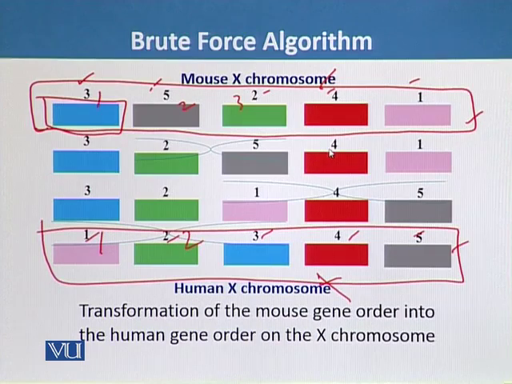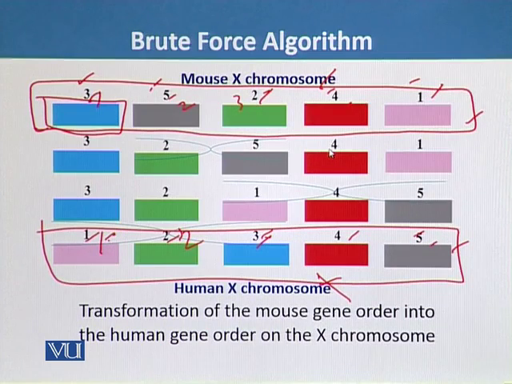Synteny number 1 in the human is also present in the mice. Synteny number 2 is also present in the mice at position number 3. The third synteny in the human is present at the first place. Fourth is the same, and fifth is placed at the second place. So it's just a rearrangement of the syntenies within the mouse and the human genome.